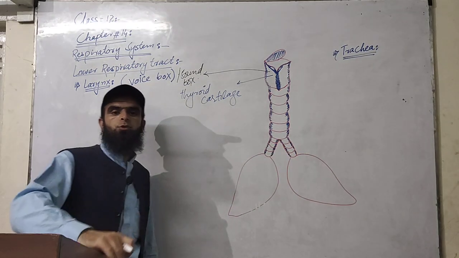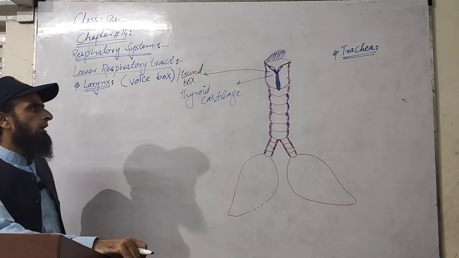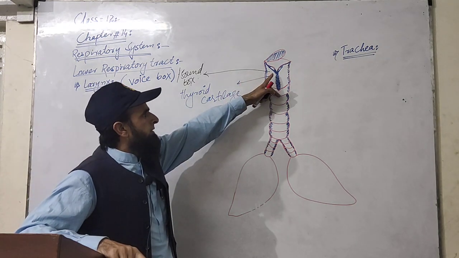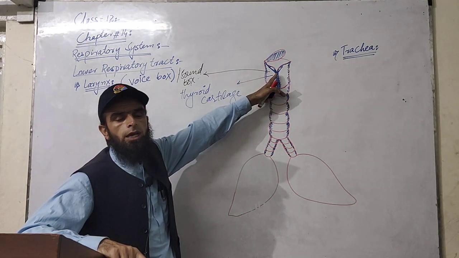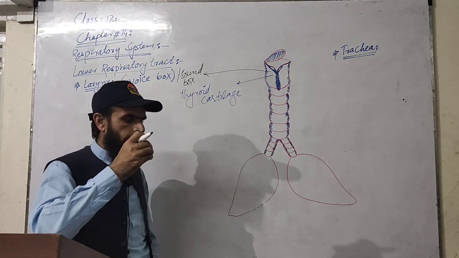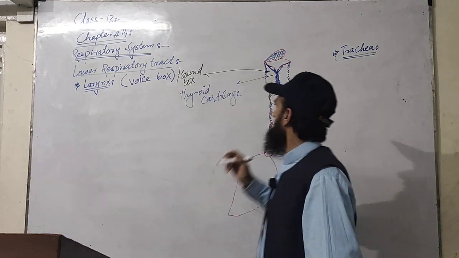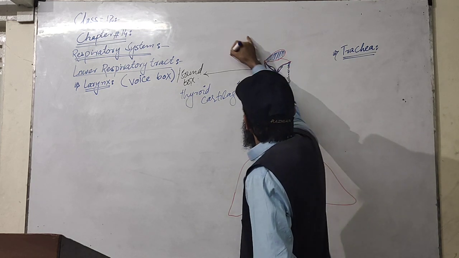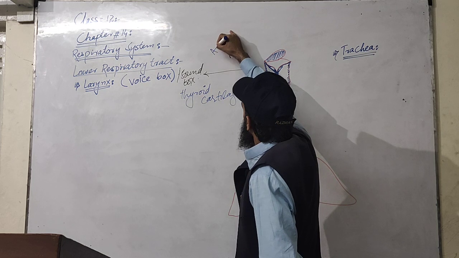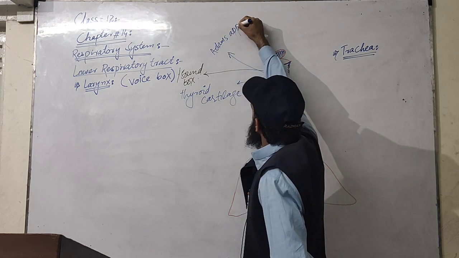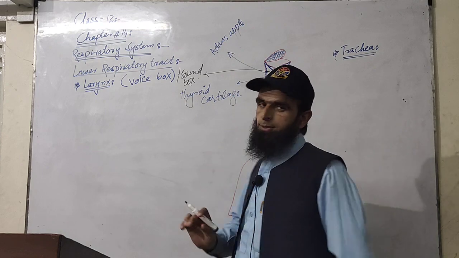Its lower or posterior part may also be called the cricoid cartilage. The front of the thyroid cartilage forms a ridge-like structure, which may also be termed the Adam's apple.